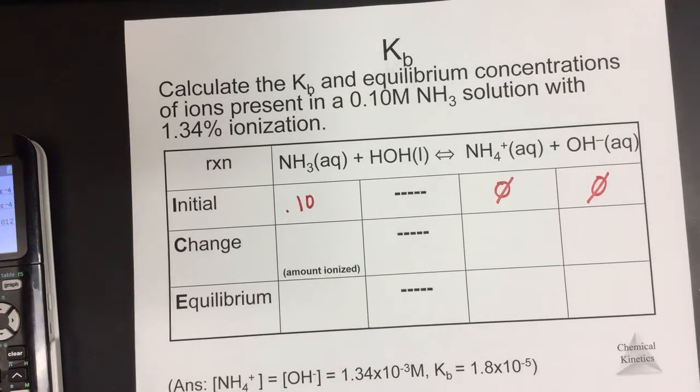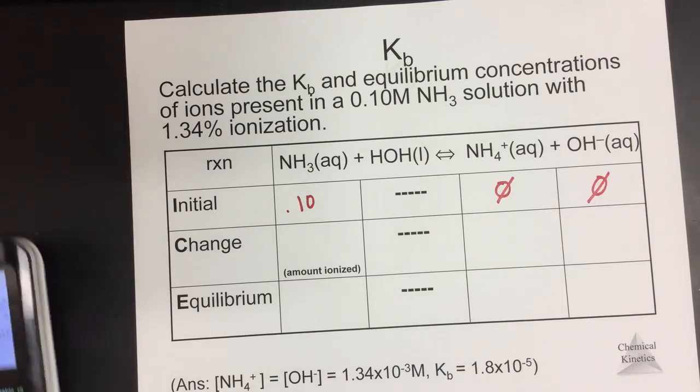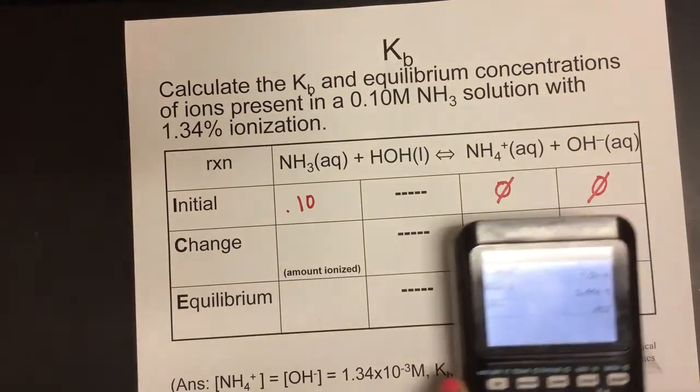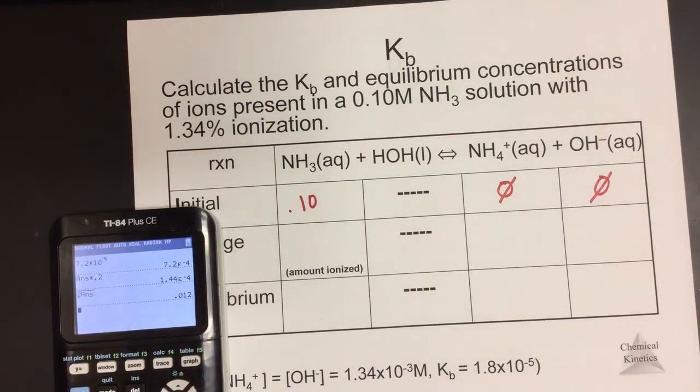And so now when it comes to calculating the change, we know that 1.34% of the NH3 ionizes, and so 1.34% is represented by 0.0134 as a decimal, and now we're just going to multiply that by 0.1 because it's that percent of the 0.1 that we had.